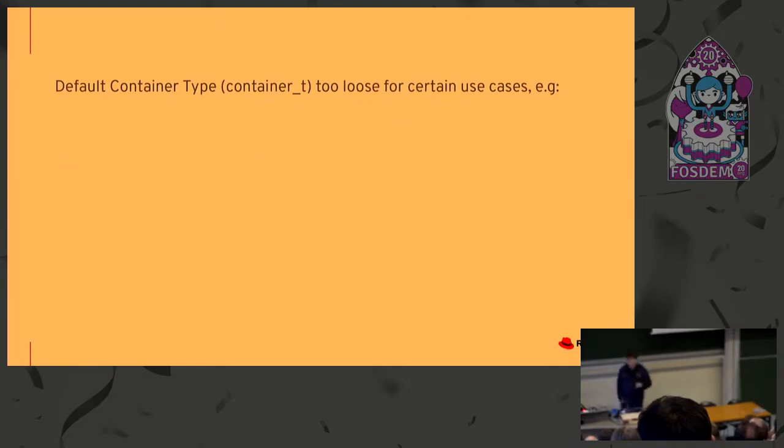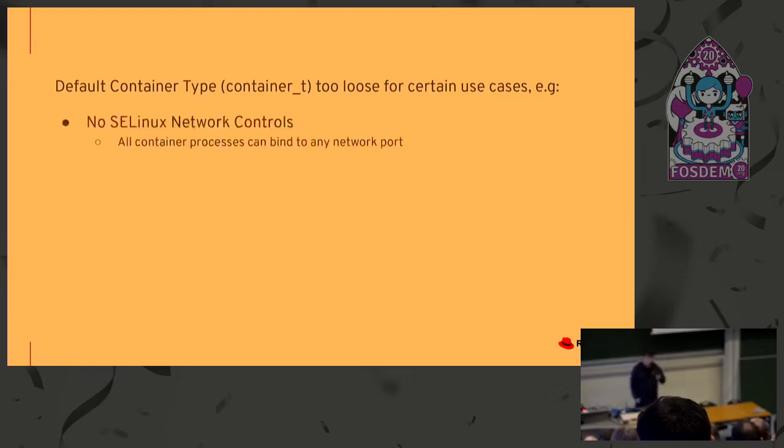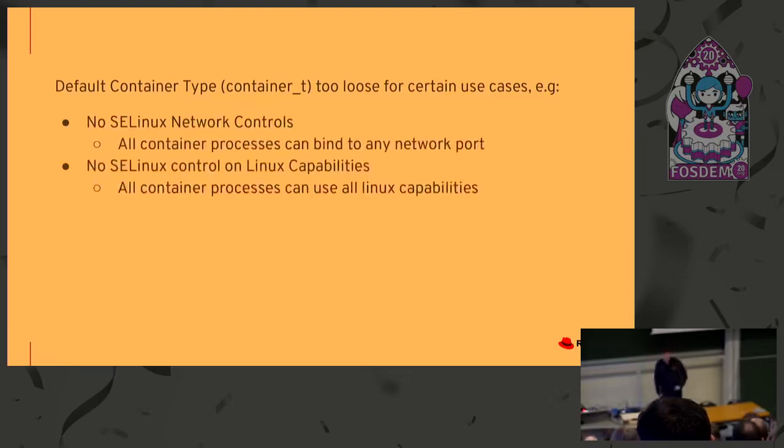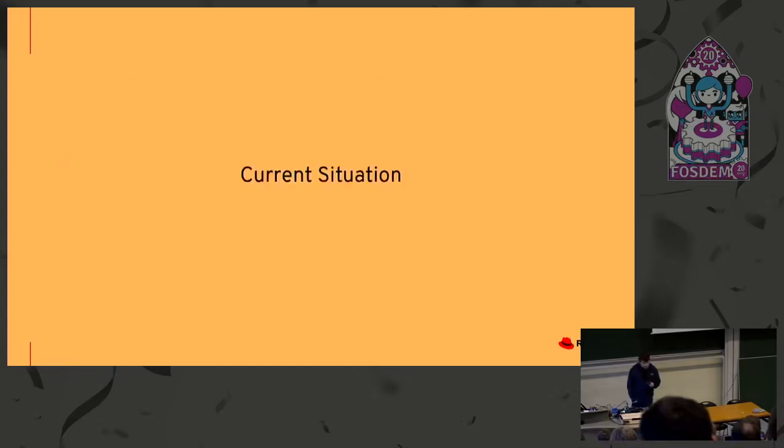There is another case when the default SELinux policy is too loose. There are no SELinux network controls, which means that a container can bind to any port, and there is no SELinux control for capabilities, which means that a running container has all Linux capabilities. So we are able to solve this too.